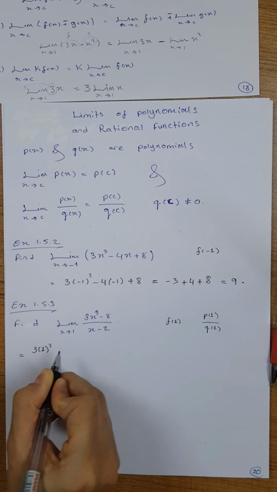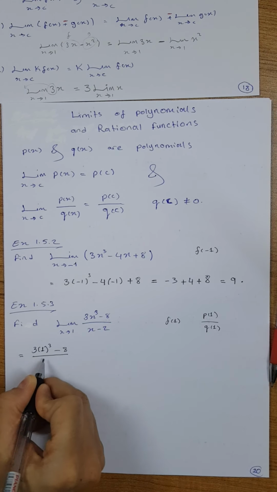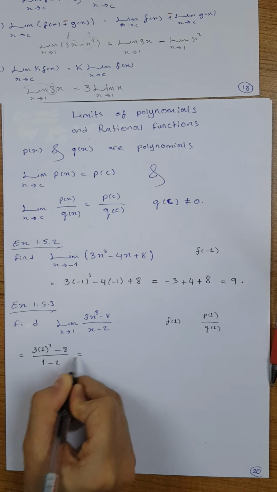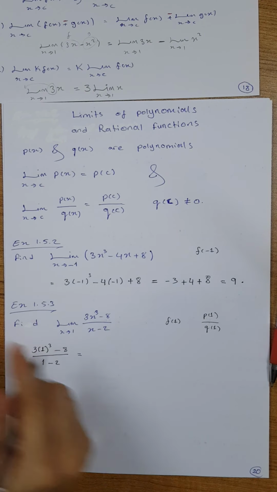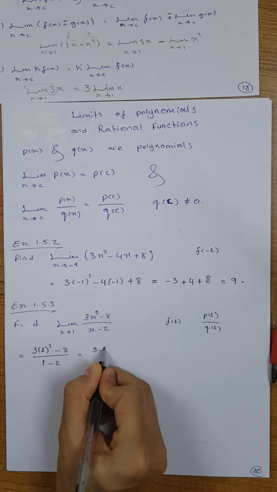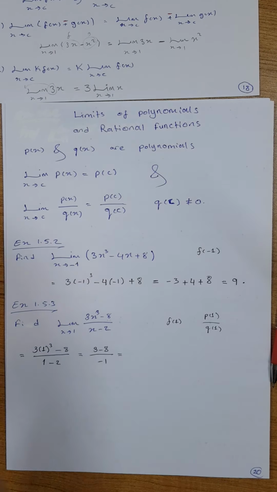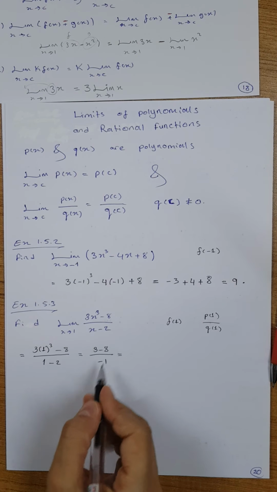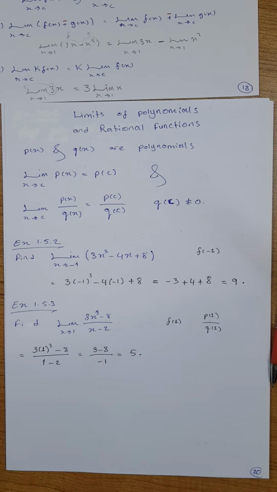So that would be 3 multiplied by 1 to the power of 3 minus 8 over 1 minus 2. That would give me 3 minus 8 over minus 1. 3 minus 8 is equal to minus 5, and with a negative down there, it is equal to 5. So that is the result.